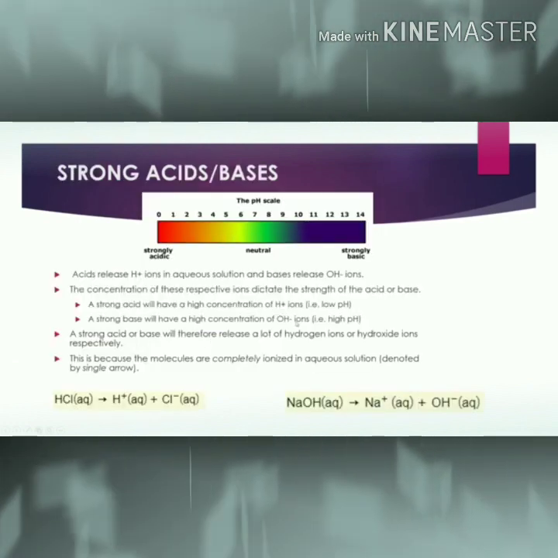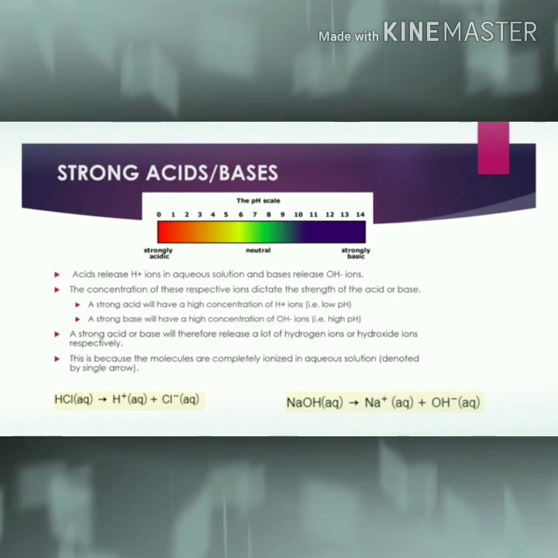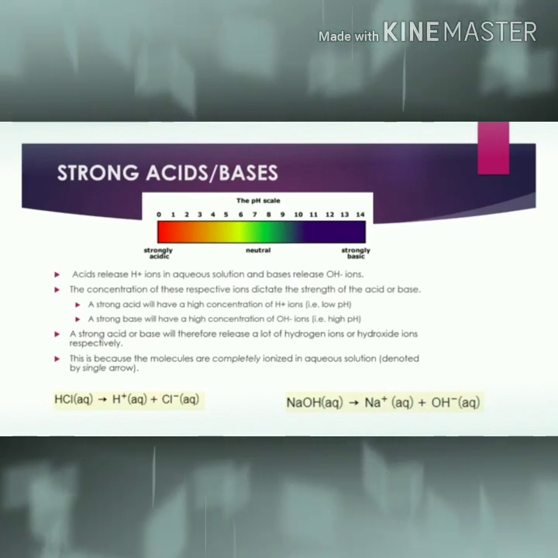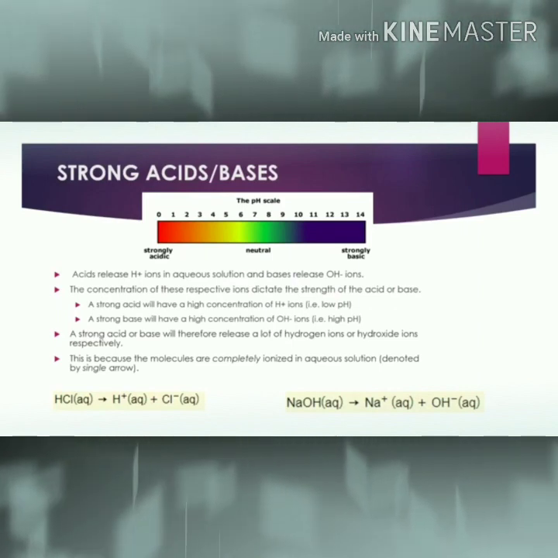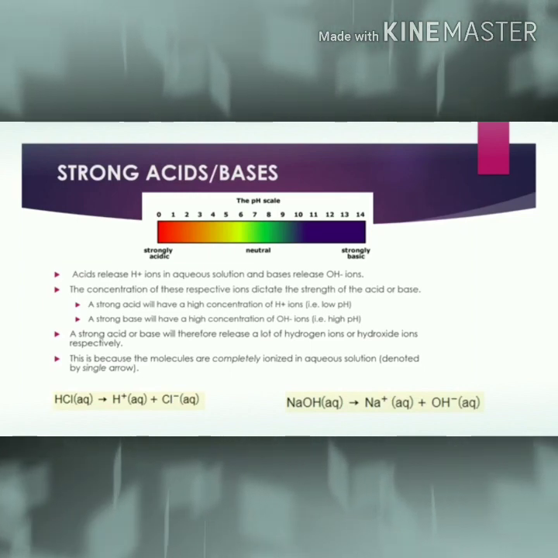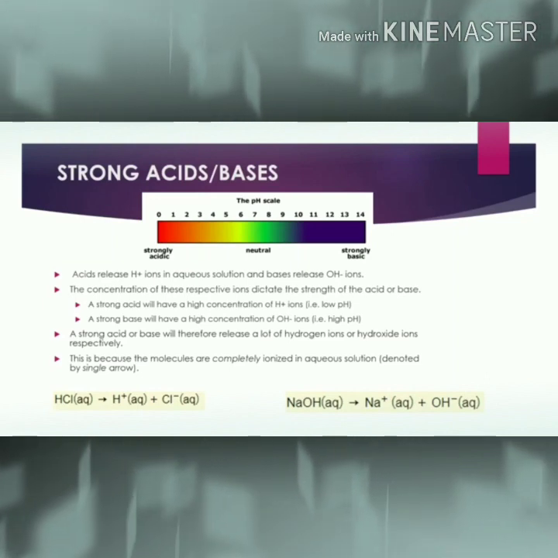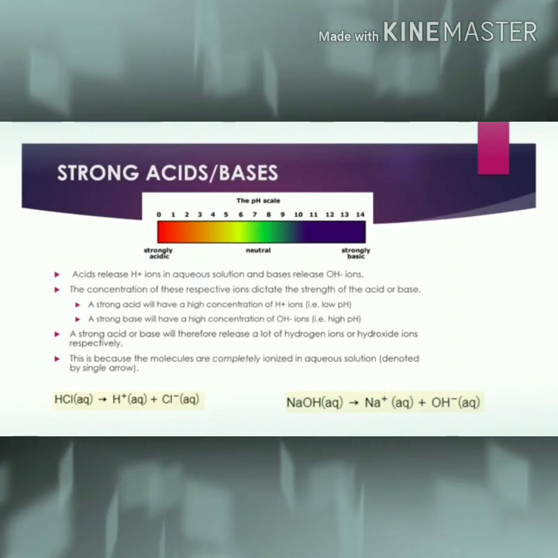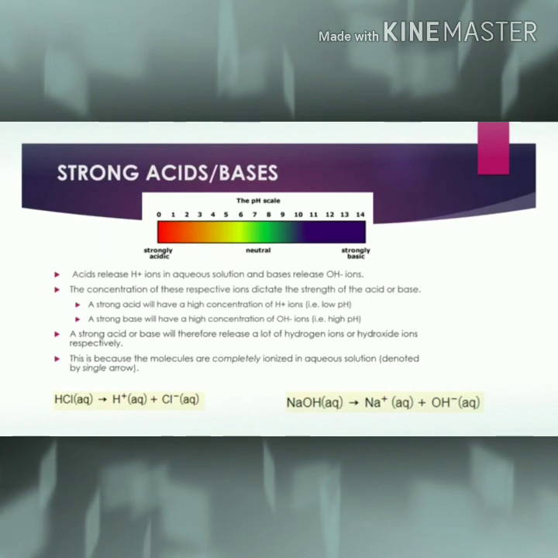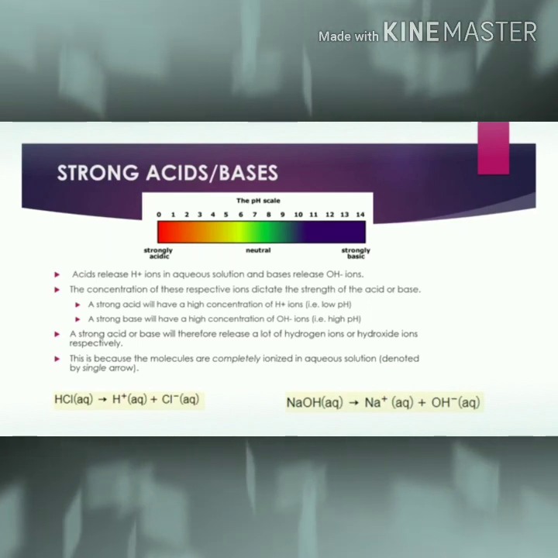And now let us move on to strong acid and base. Acid releases hydrogen ions in aqueous solution, and base releases hydroxide ions in aqueous solution. A strong acid will have a high concentration of hydrogen ions, and a strong base will have a high concentration of hydroxide ions.